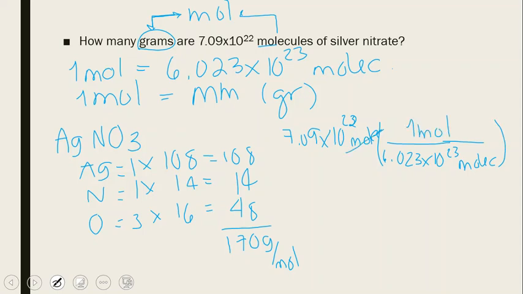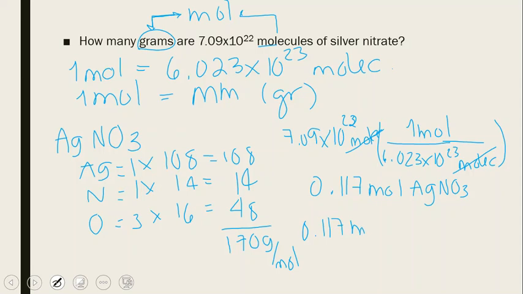Cancel molecules, and we have 0.118 moles of silver nitrate, but I don't want moles, I want grams. So we have to do another conversion.